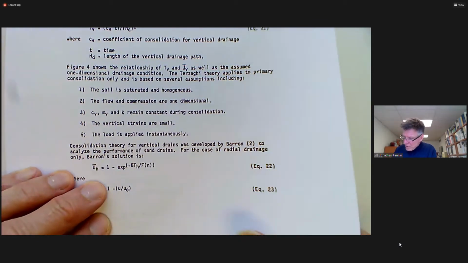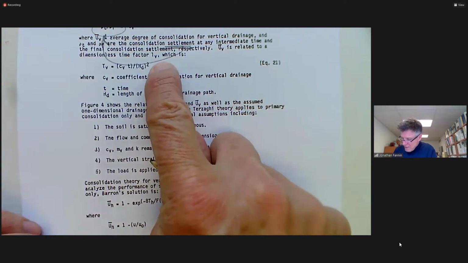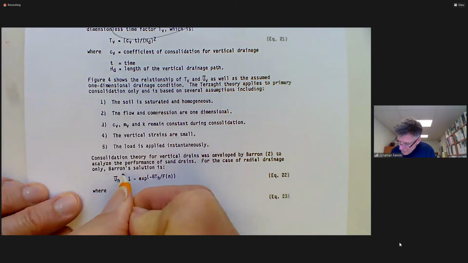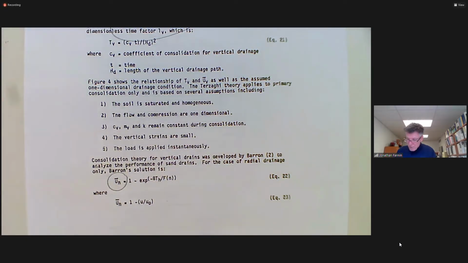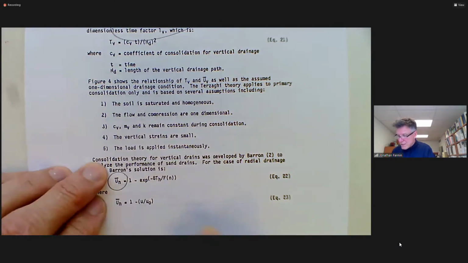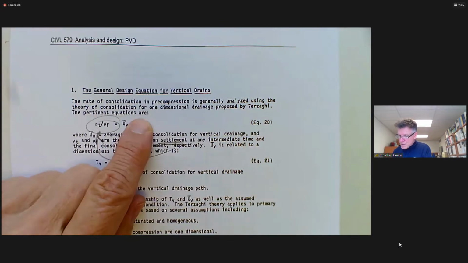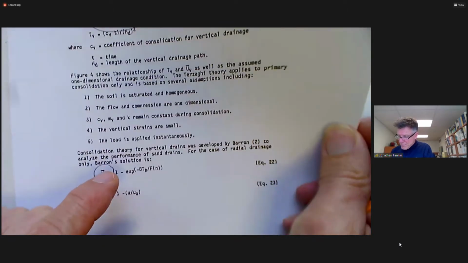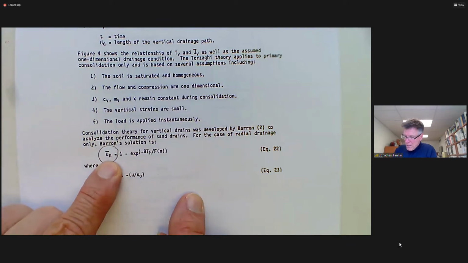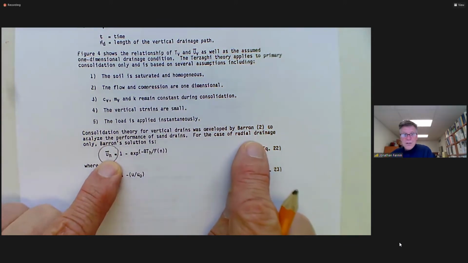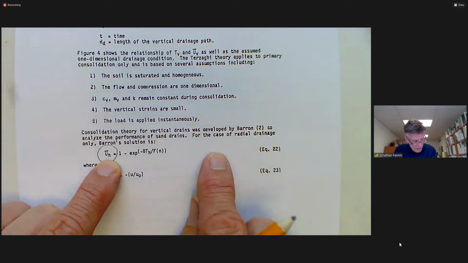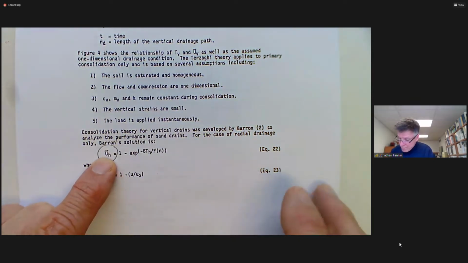So Barron took Terzaghi's concepts and said, listen, I can look at the degree of consolidation due to horizontal drainage, not Terzaghi's one-dimensional vertical drainage, but radial drainage only, setting aside any small contribution from vertical drainage.